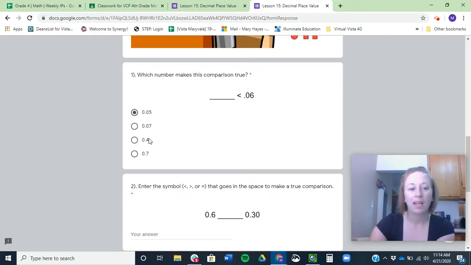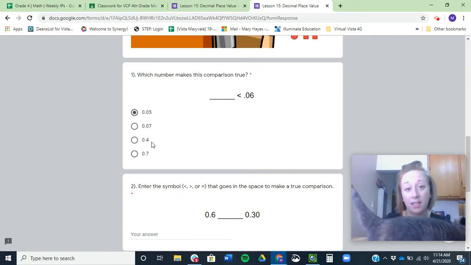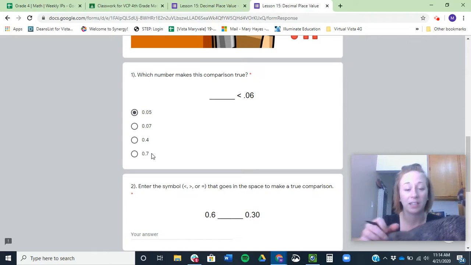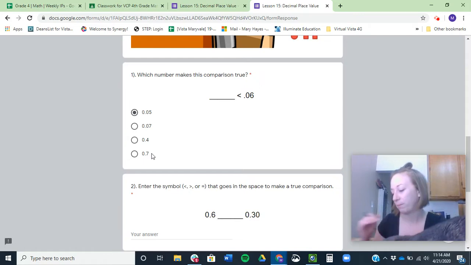No. And the last choice is, well, if 4 tenths is not less than 6 hundredths, then 7 tenths can also not be less than 6 hundredths. So we know that our correct answer is the first answer choice. Go ahead and organize your scratch piece of paper for question number 2.